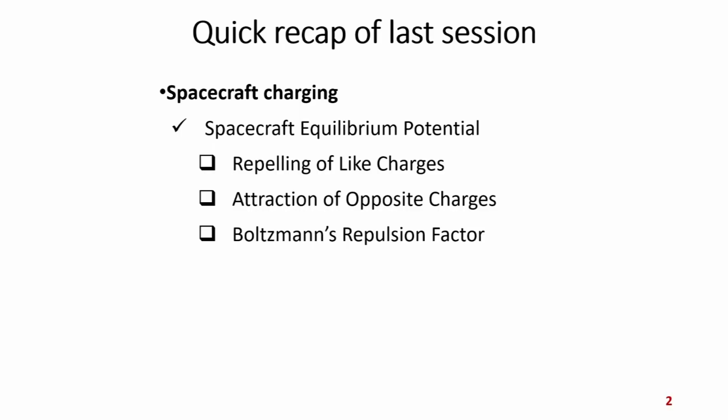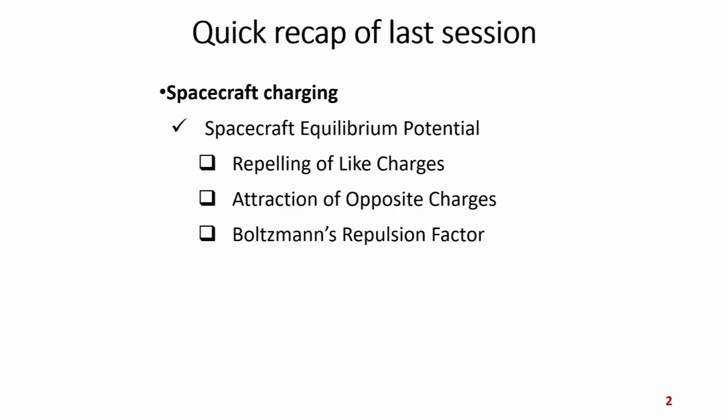Then we wrote the expression for the incoming fluxes, for the species which are attracted and the species which are repelled, in terms of the Maxwell-Boltzmann velocity or energy distribution function. Then we defined a factor called the Boltzmann repulsion factor.